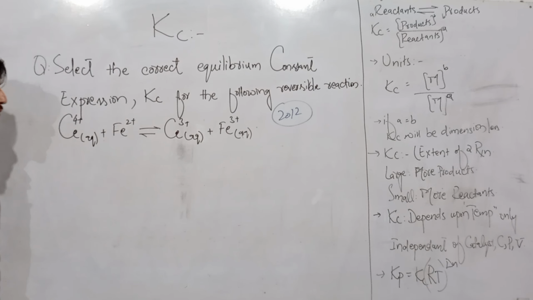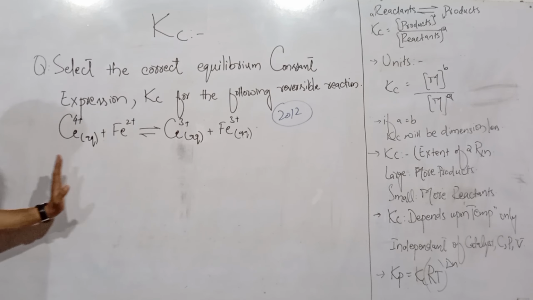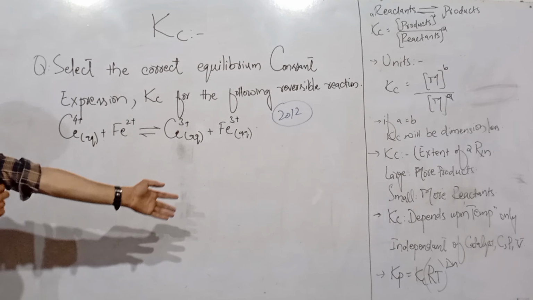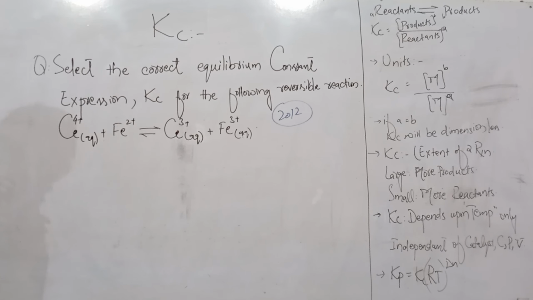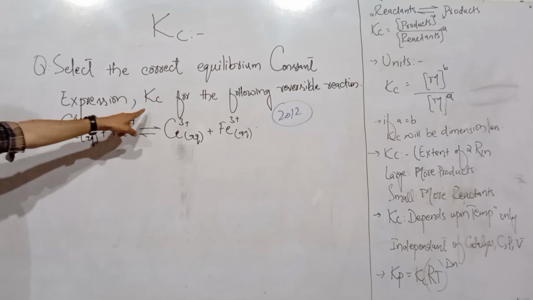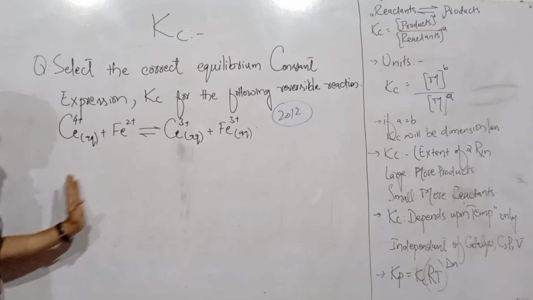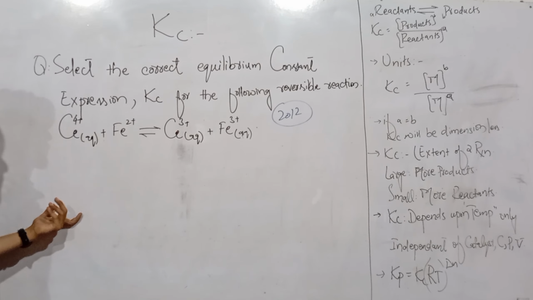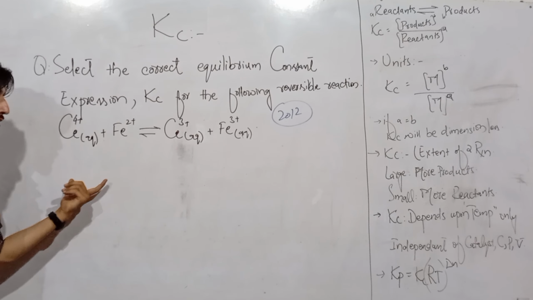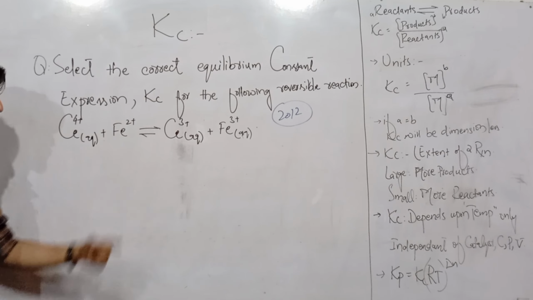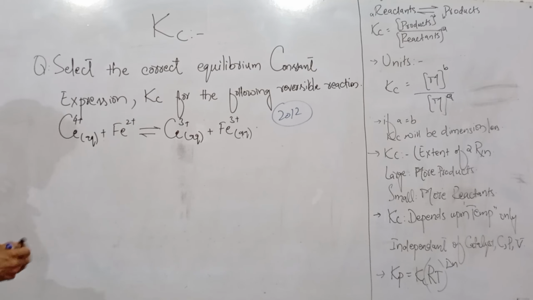So now we have to solve the first question on this concept. The question appeared in the 2012 paper. It was asking to select the correct equilibrium constant expression Kc for the following reversible reaction. So this was the reaction given, and we were to select the Kc expression for this reaction. It's very easy.